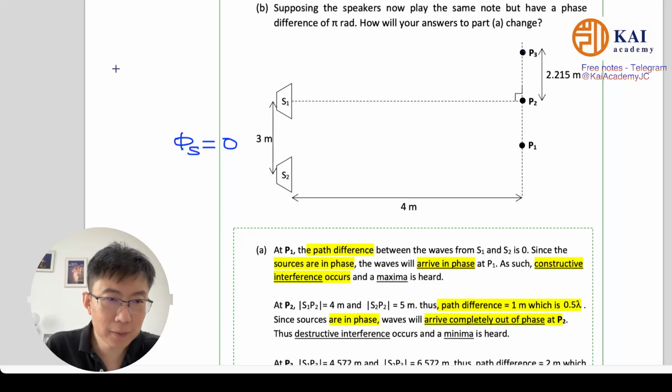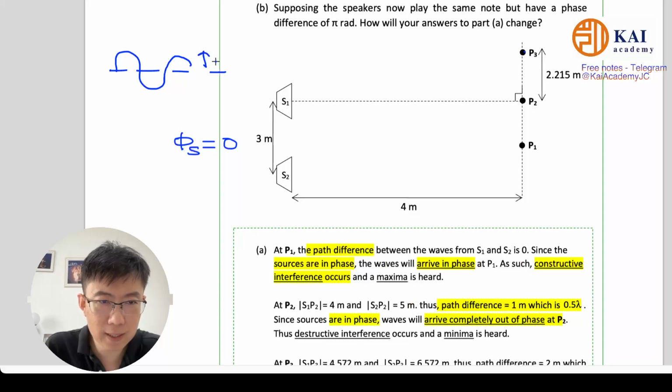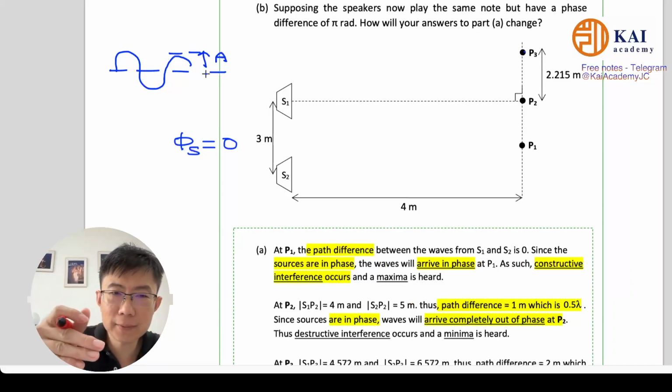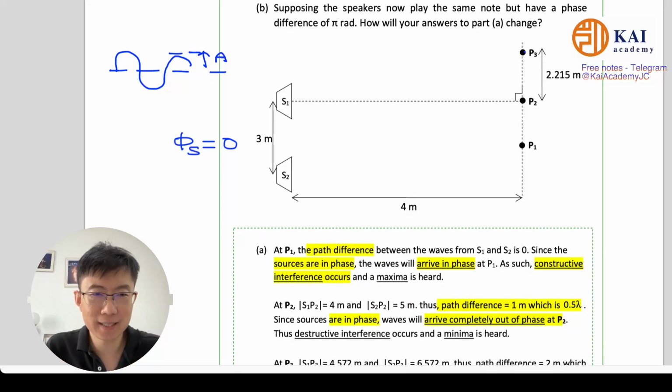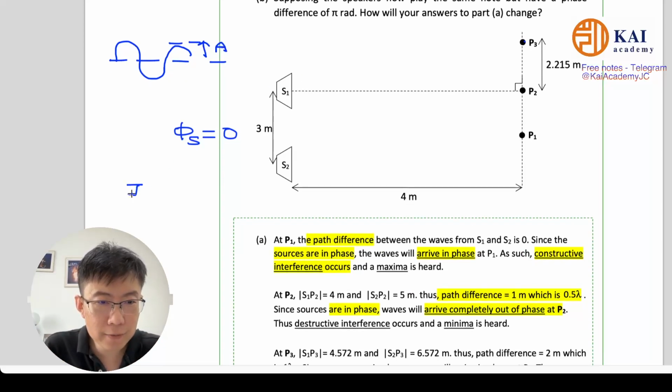Amplitude we know is the maximum displacement. So this distance over here is the amplitude. Intensity, on the other hand, is a measure of the energy that reaches a particular point due to the energy propagation. In waves there is a relationship between intensity and amplitude. Intensity is proportional to amplitude squared.